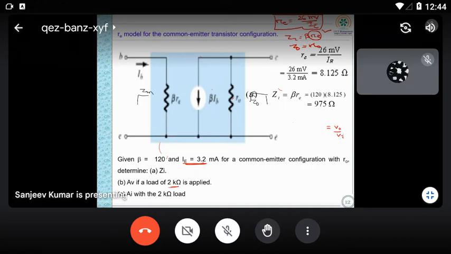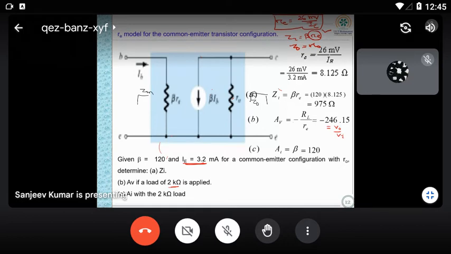RL is given as 2 kilo ohm, so 2 kilo ohm divided by 975 ohm, which is equal to minus 246.15. Some mistake may be there, no, this is right. So whatever input you are giving, output will be 246 times, but there will be a phase change of 180 degree. Current gain will be beta, and beta is already given, 120.